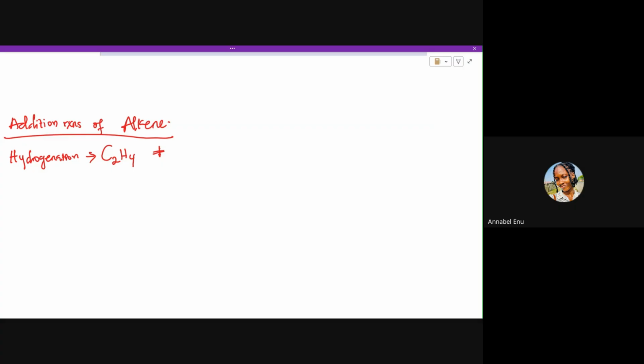Alkenes carry out hydrogenation reaction to give us C2H6. So if we want to break this process down, this is the alkene, reacting with two hydrogens, right?